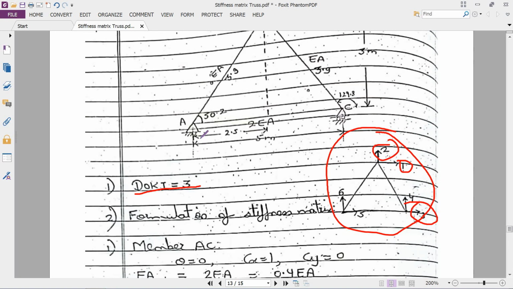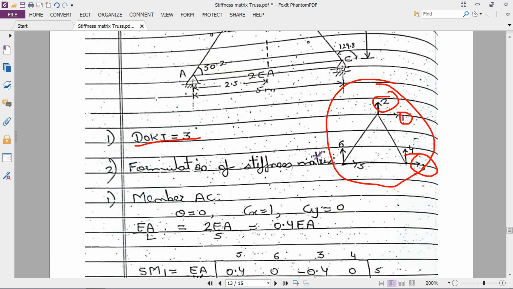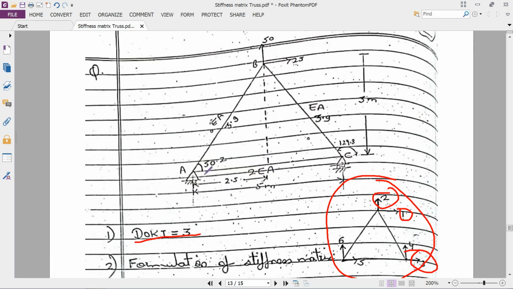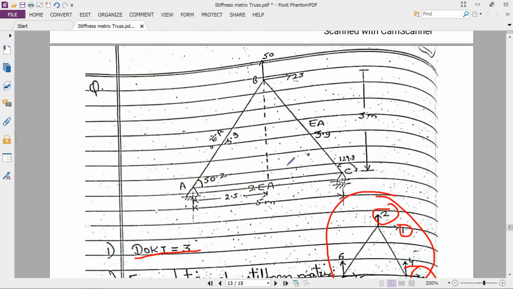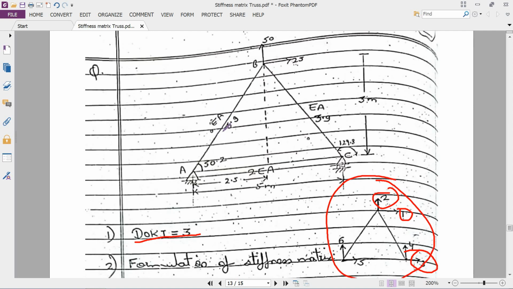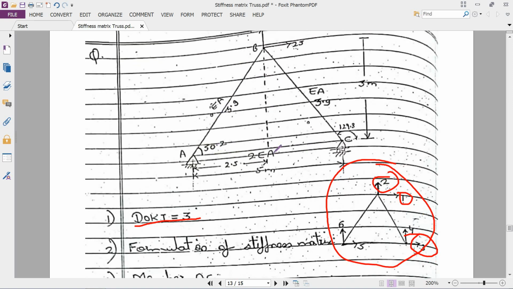Then the second step is the formulation of the stiffness matrix. First of all we will consider the member AC, which is a horizontal member. If you see this numerical, the value of EA is directly given as EA for members AB and BC, whereas for member AC it is given as 2EA. So we have to put the value of EA in the equation itself.